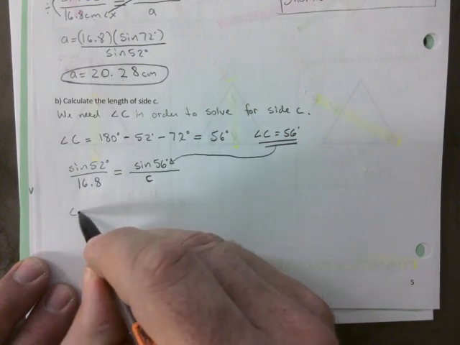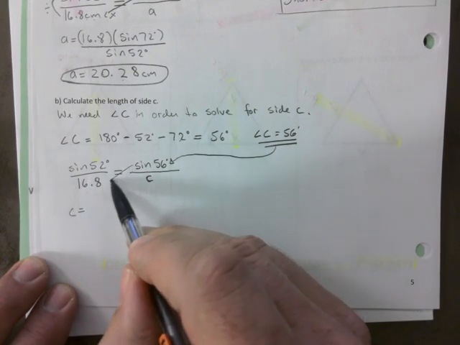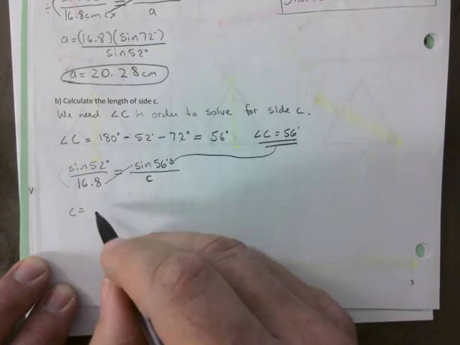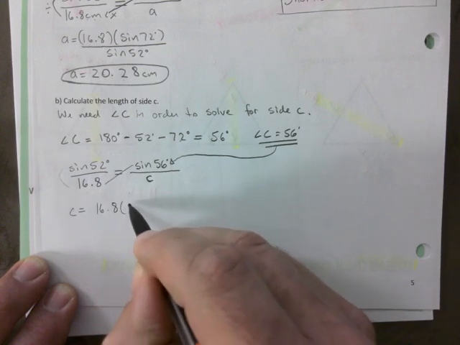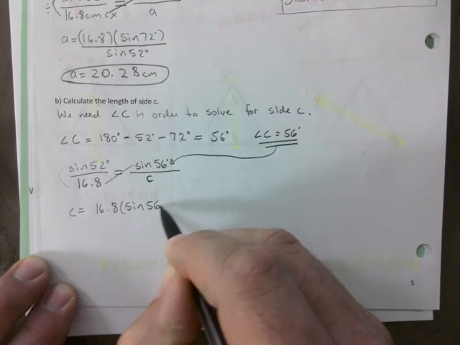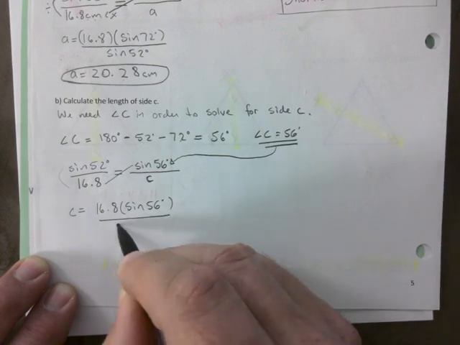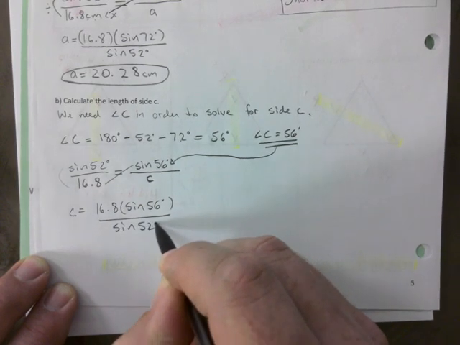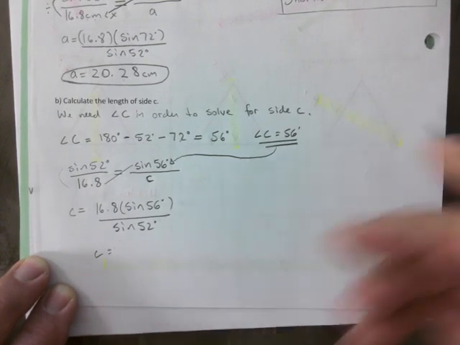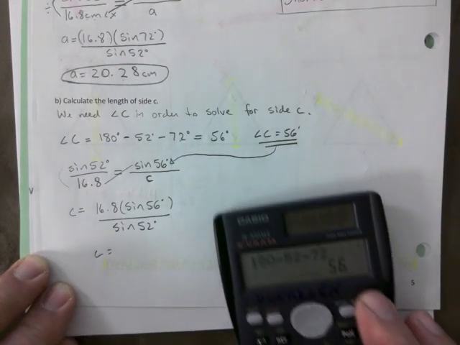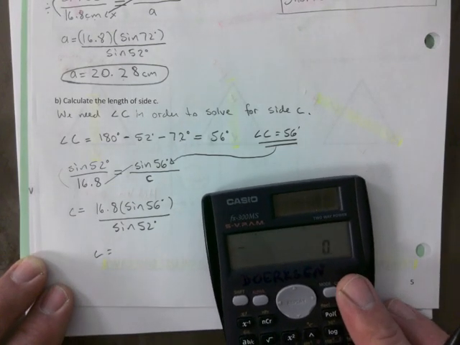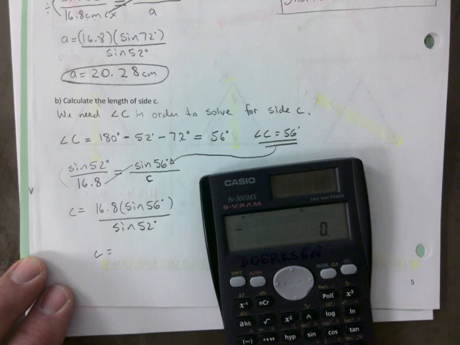And same thing. You cross multiply and divide. So you go 16.8 times sine of 56 over sine of 52 degrees. And that is C. It's a little bit bigger than angle 52, right? The one we were given.